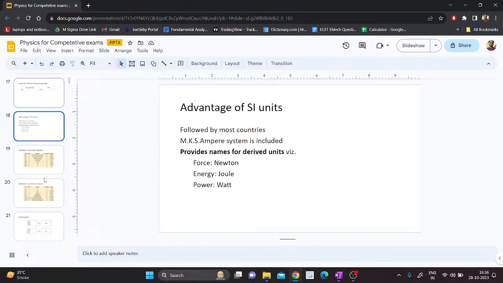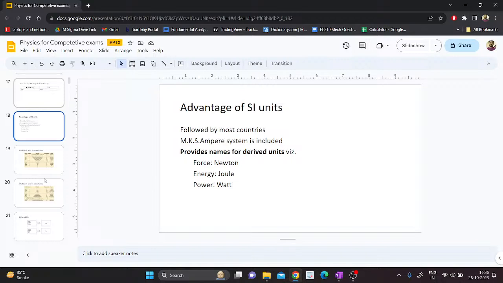I hope whatever concept I'm explaining, you're able to understand thoroughly, because in tomorrow's class or the next class, we'll go straight to numericals directly. We'll not be waiting. Then we'll all be able to solve them thoroughly without any problem.